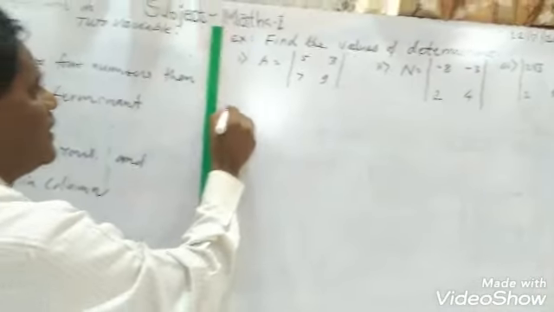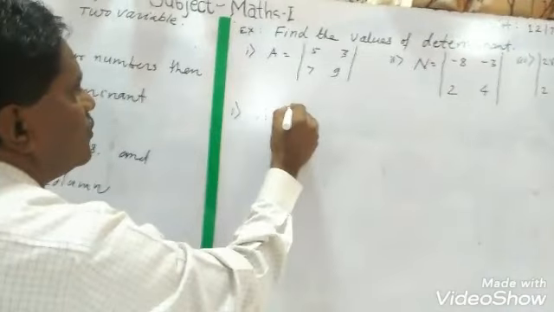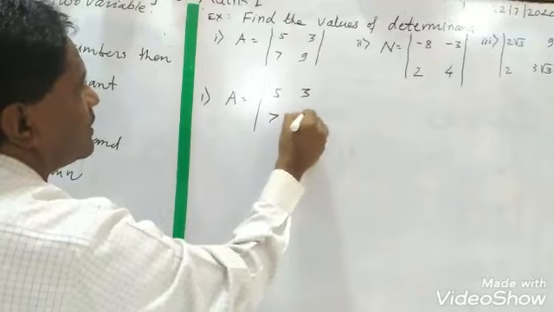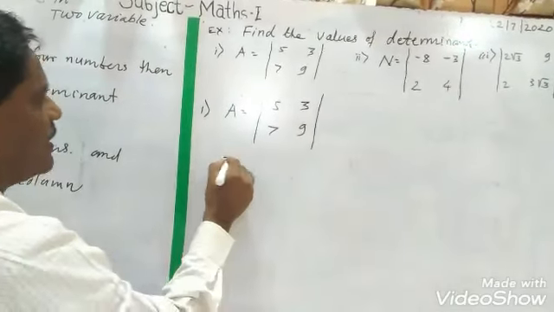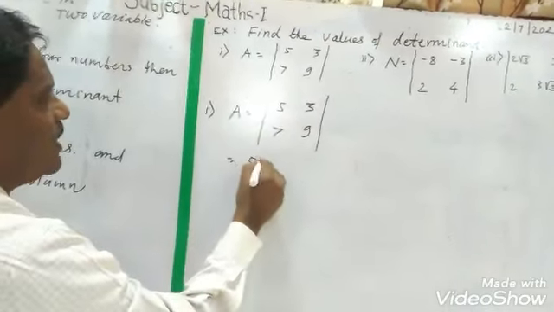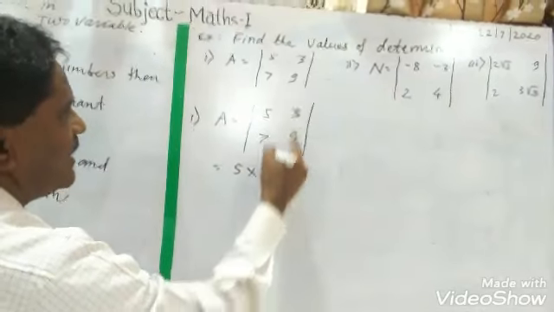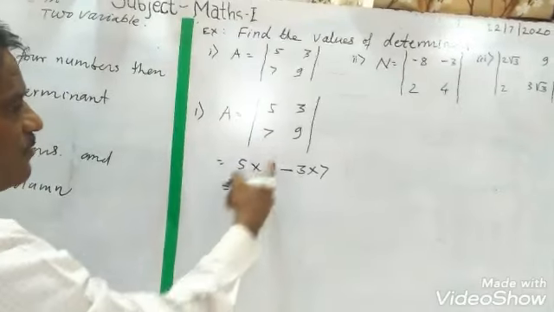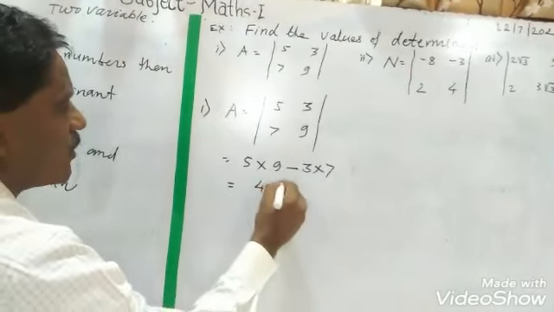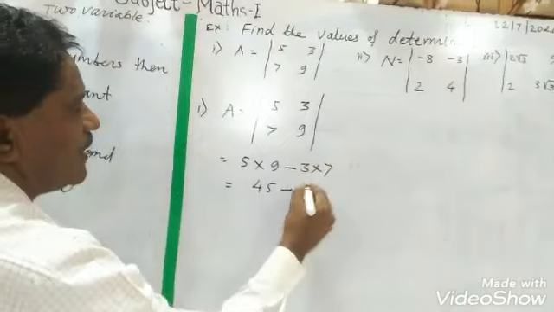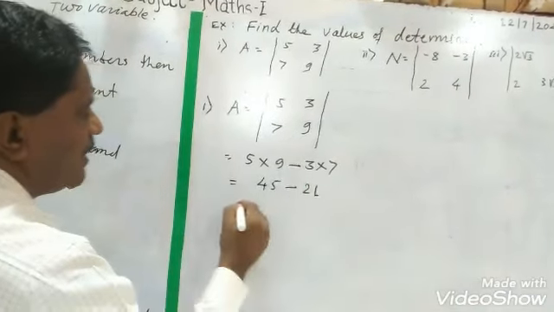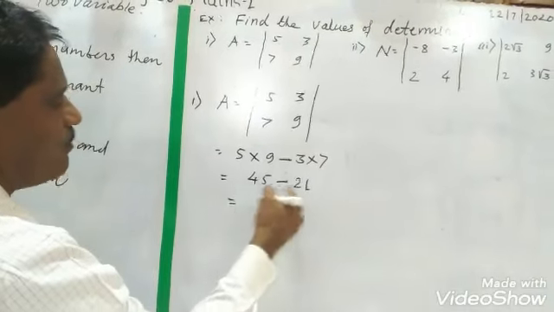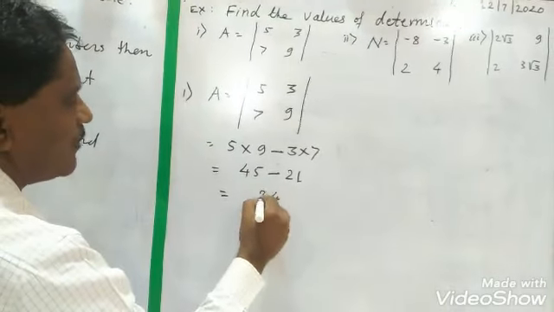Example number 1. Here A is equal to determinant of order 2 5, 3, 7, 9. Now here that is 5 multiplied by 9 minus 3 multiplied by 7, is equal to 45 minus 21, that is 24.